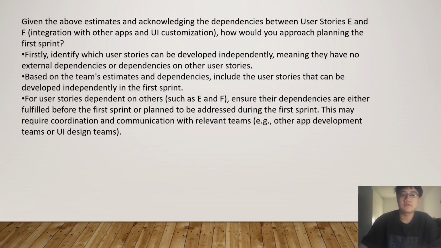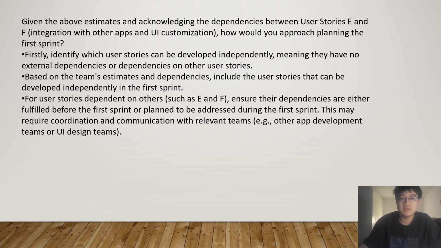Okay, I will answer these questions. Given the value estimation and the dependencies between user stories E and F, to answer this, first identify which user stories can be developed independently, meaning that they have no dependencies on other user stories.